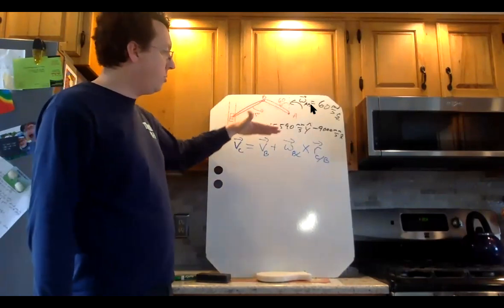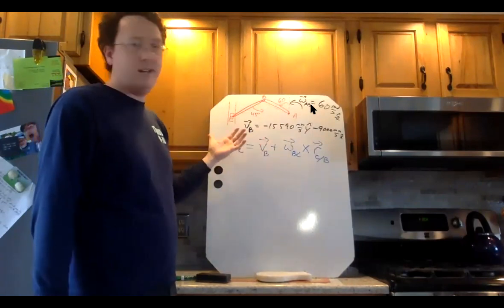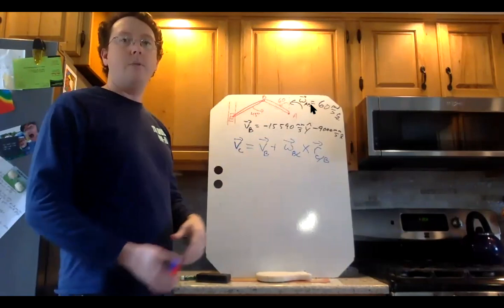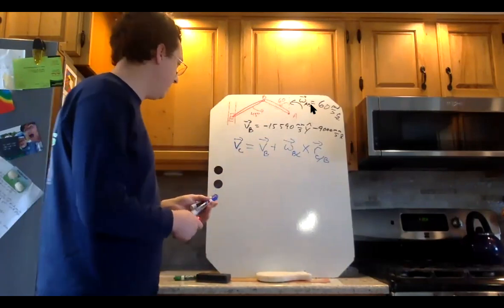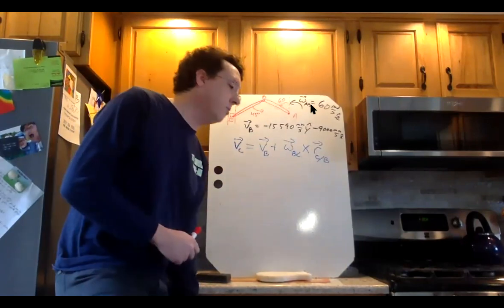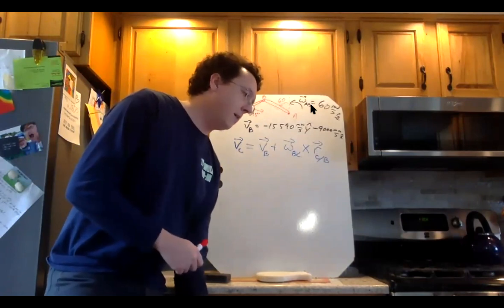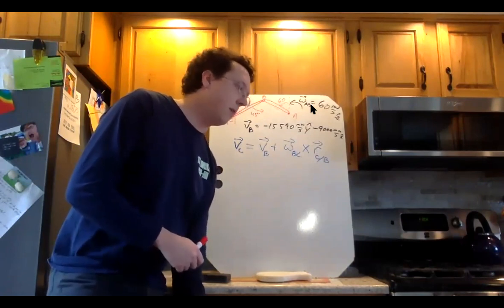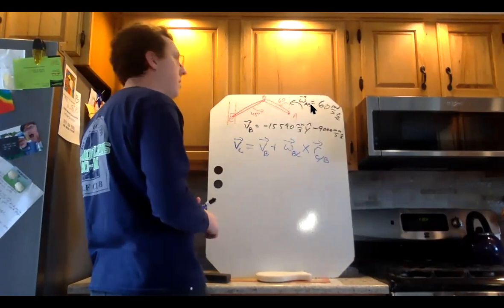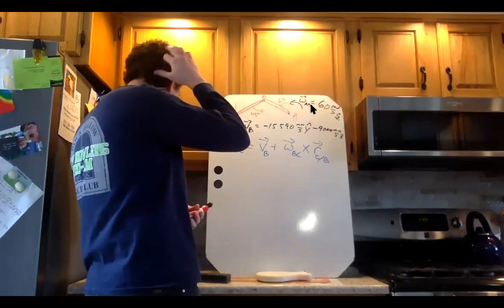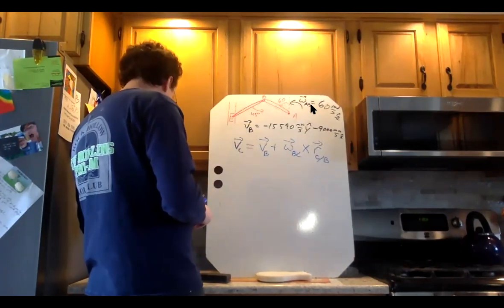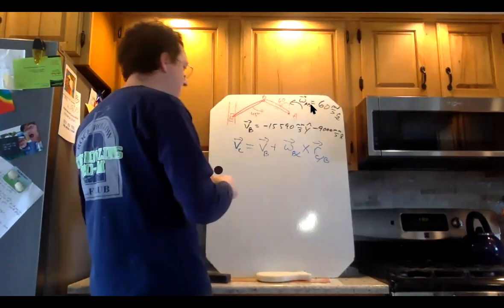This is a two-component equation because it's a vector in 2D. So we have enough equations to solve for whatever we want. But it's useful to go through and make sure that you have enough equations to solve for the unknowns you want. All right, so let's go through how this is going to work.